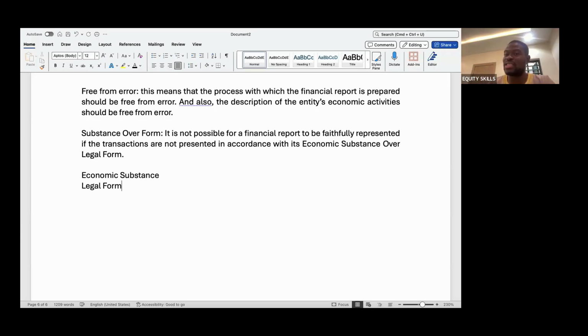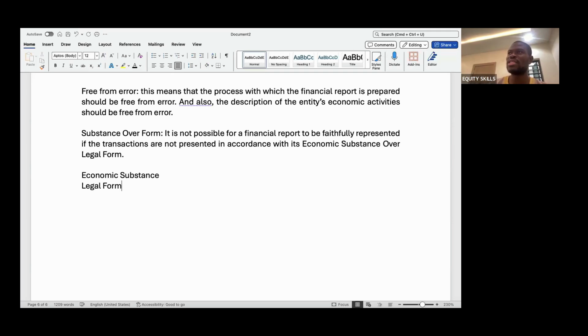So the financial reality and economic reality is that this asset is making money for you. And in accounting, anything that makes money for you is an asset. That's the simple definition of an asset in accounting. Anything that makes money for you.